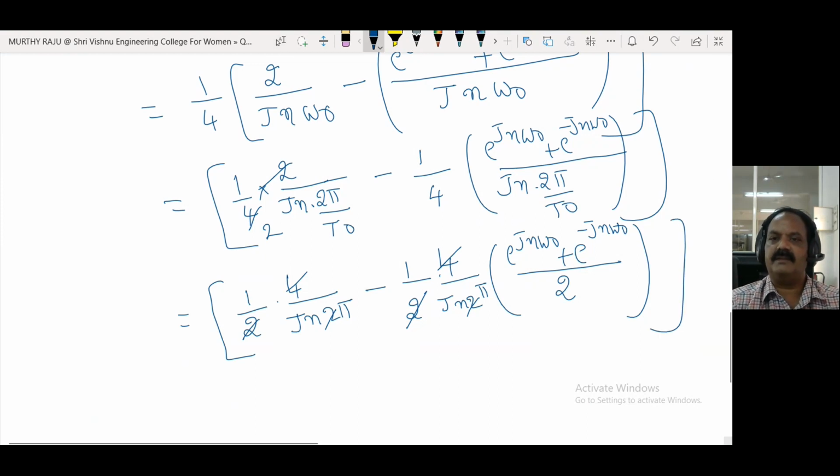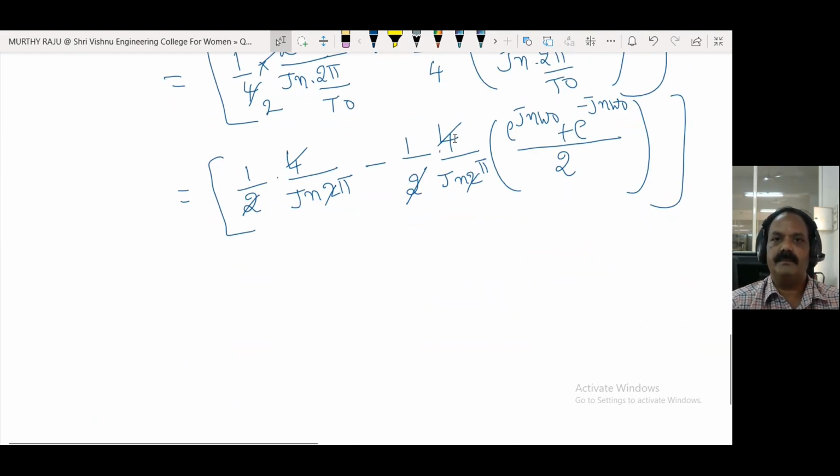This one is Cn is equal to 1 by j n pi minus 1 by j n pi.